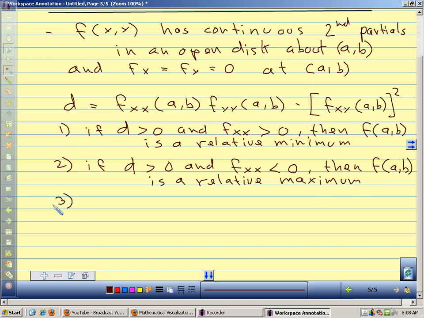Our third condition, if D is less than 0, then we have a saddle point.